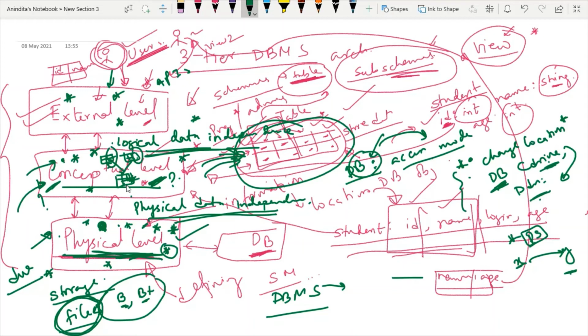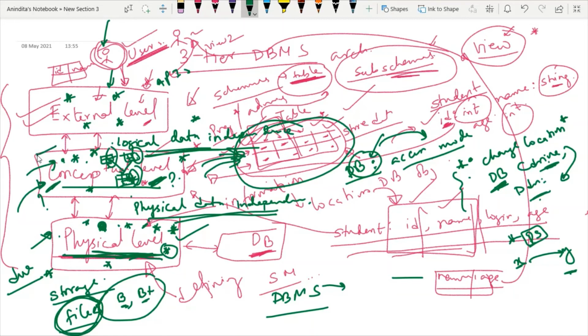If I merge those tables, it doesn't matter; the external level will still fetch the partial information that is needed by the user. So this is the first kind of change that we can expect in the conceptual level, which will not affect the external level.